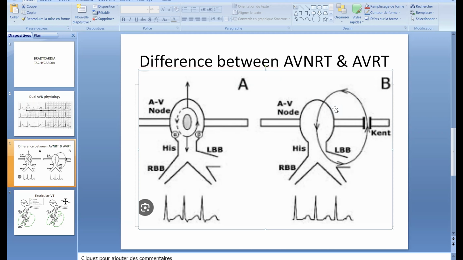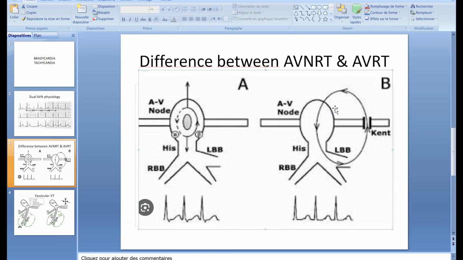In the same topic, the question was whether that affects the ablation technique. No, the ablation technique is the same. We apply it to the slow pathway, not the fast pathway, because we have a risk of AV block if we touch the fast pathway. The fast pathway is near the AV node, near the compact portion of the AV node, so the risk of AV block is higher.